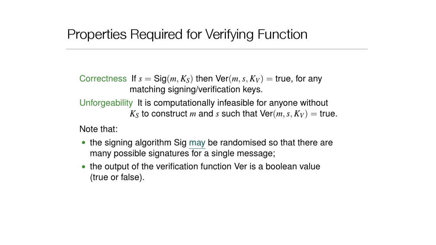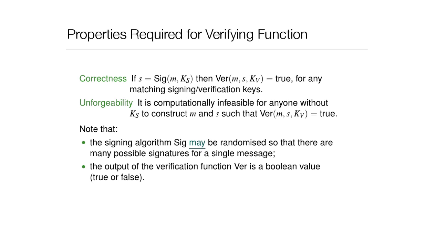Having the same message M and signing key KS, by running this signature generation algorithm, the output can be different. If we run the same signature generation algorithm for the same message M and KS, let's say 3 times, 3 different signatures will be generated. So this is a probabilistic algorithm. That is the ideal case.